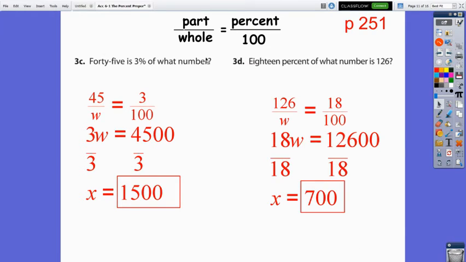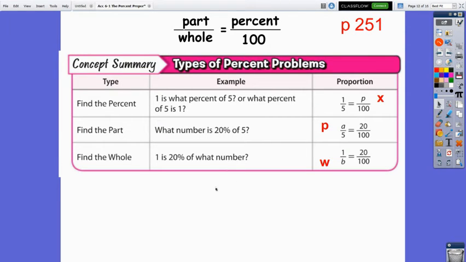All right, so these are straightforward number problems, not real world problems. Blank is blank percent of blank, and they'll give you 2 of the numbers and the other one you're trying to find. You can always do this by setting up the percent proportion. Okay, so there's 3 types of problems: finding the percent, finding the part, or finding the whole.